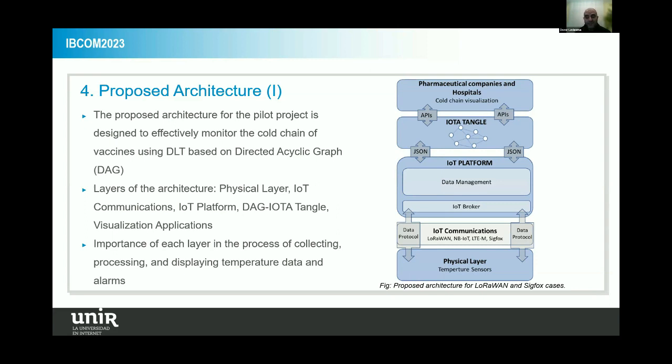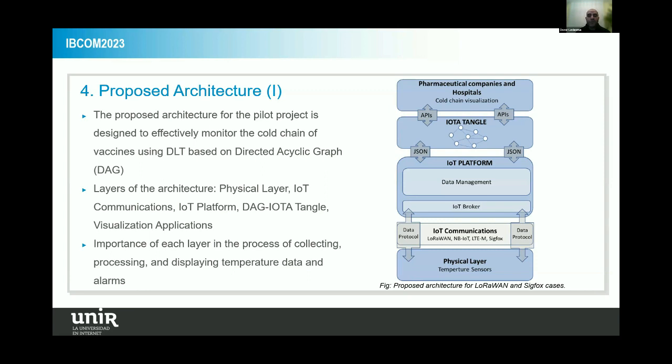This layer houses the IoT sensors responsible for measuring the temperature inside the refrigerators or cooling boxes for the vaccines, of course. The sensors are characterized by low power consumption with ARM architecture.